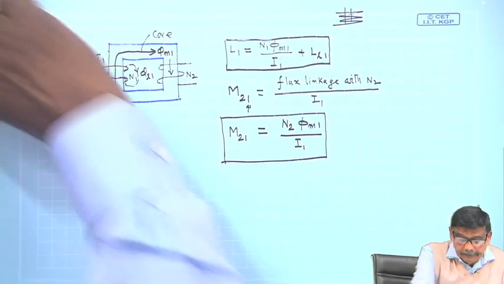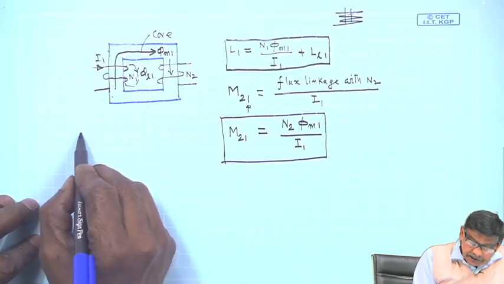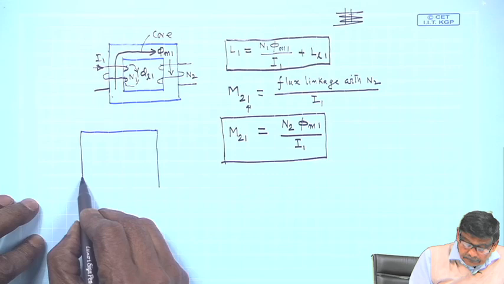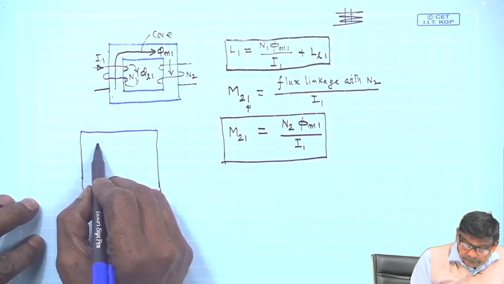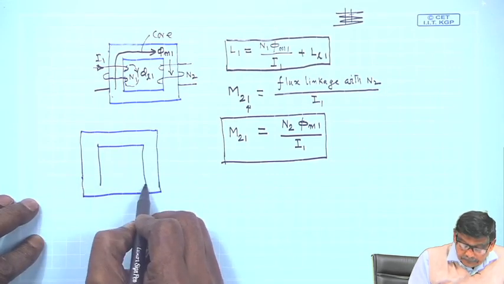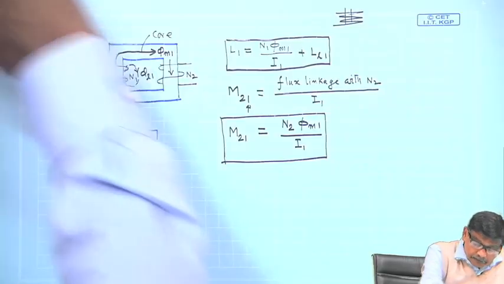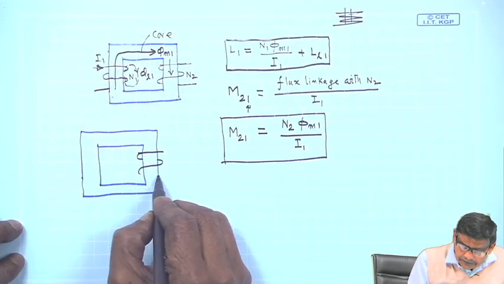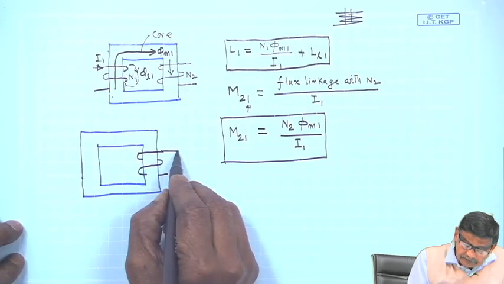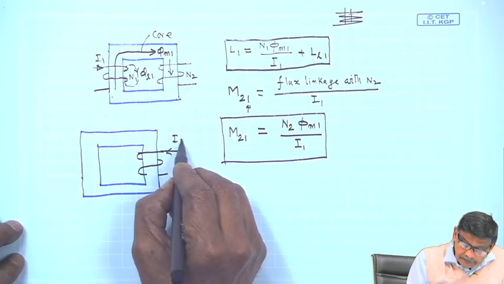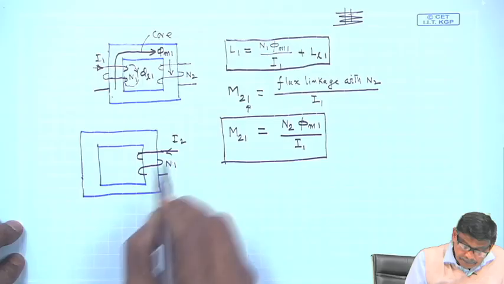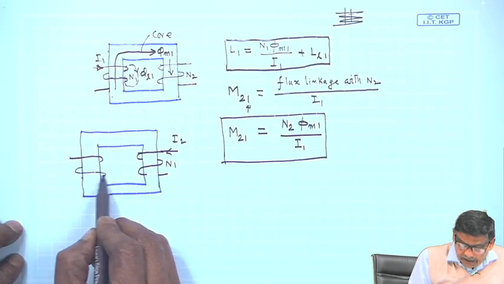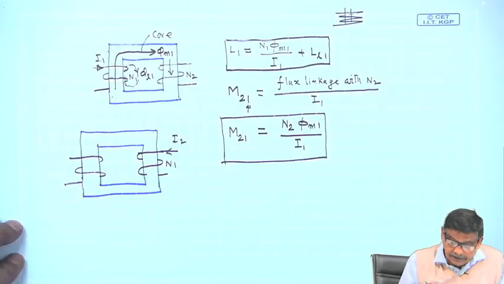Now, let us say I am once again redrawing the circuit, and this time what we will do is this, I will pass some current through the second coil, let it be constant current, okay, DC current I2, and N1, and this coil I keep it open, nothing is connected.